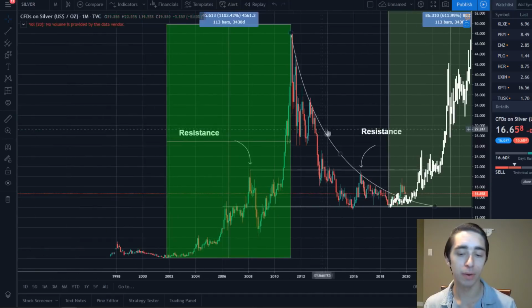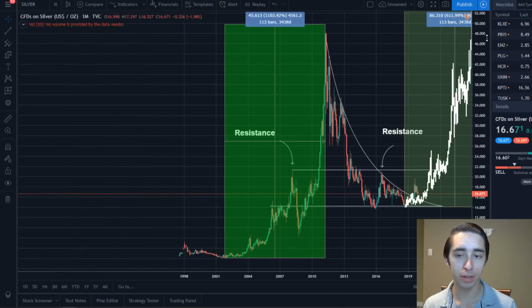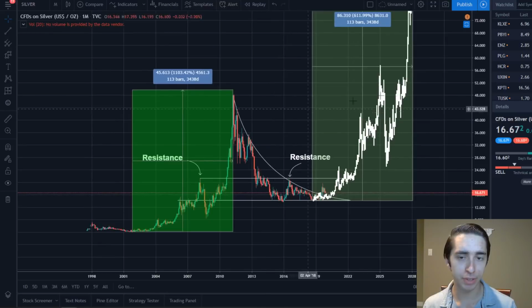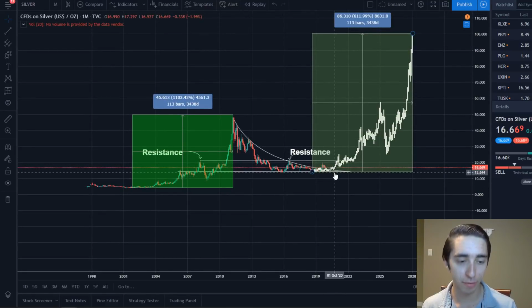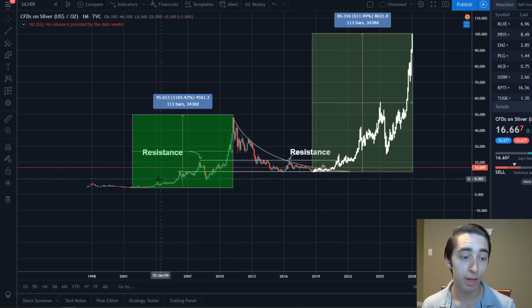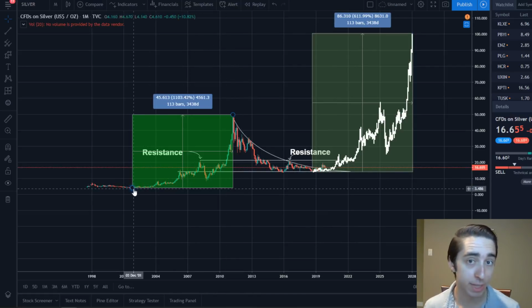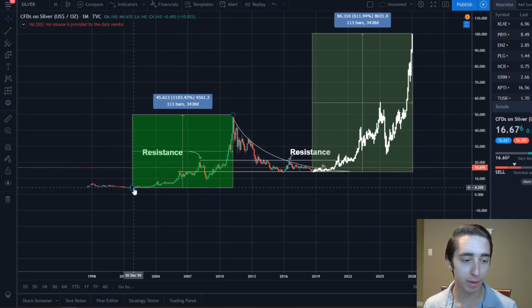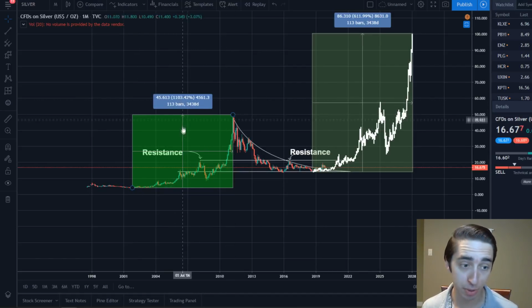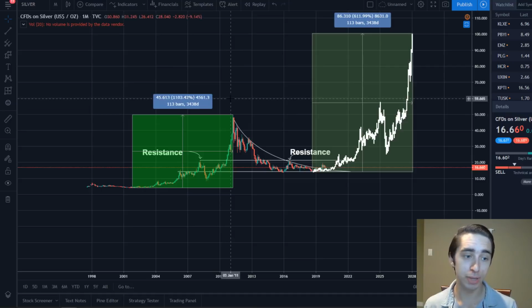Okay. Now, the other thing as well is we want to take a look in the sense of trying to get an understanding of where we might go in this next cycle, right? What's a reasonable kind of range and time frame we should look at? How much time did it take in the previous cycle, and what kind of returns did we get? Well, we not only came down here from $4 up here to $50, but it was an 1,100% return, and it was over about 113 months.